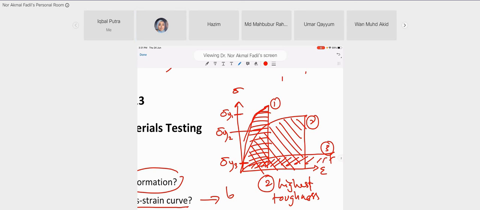Why? By looking at the graph, it has the highest area under the curve.